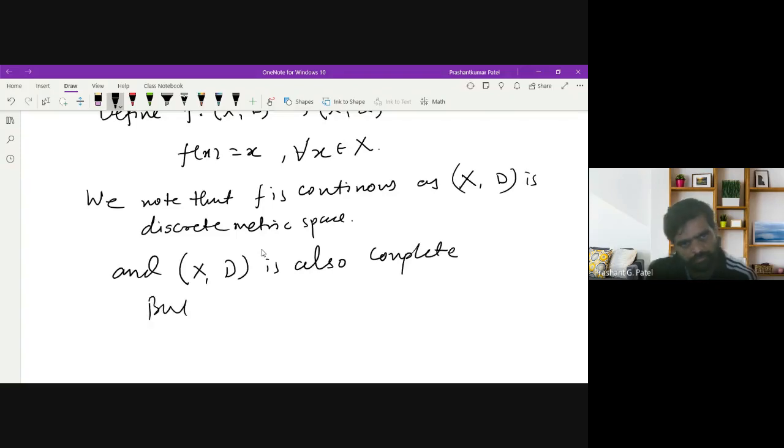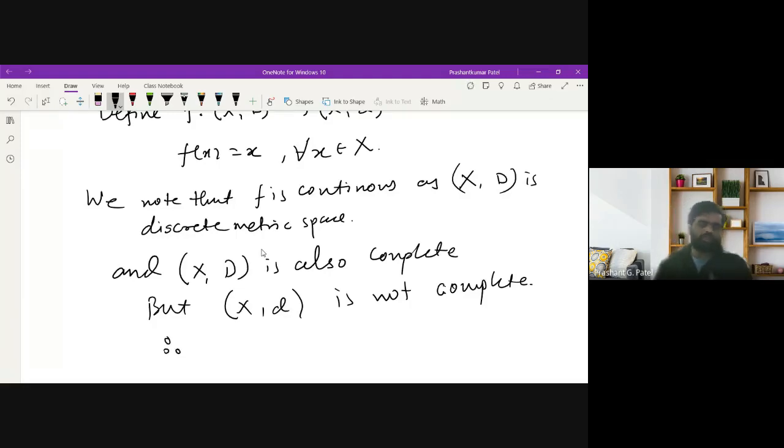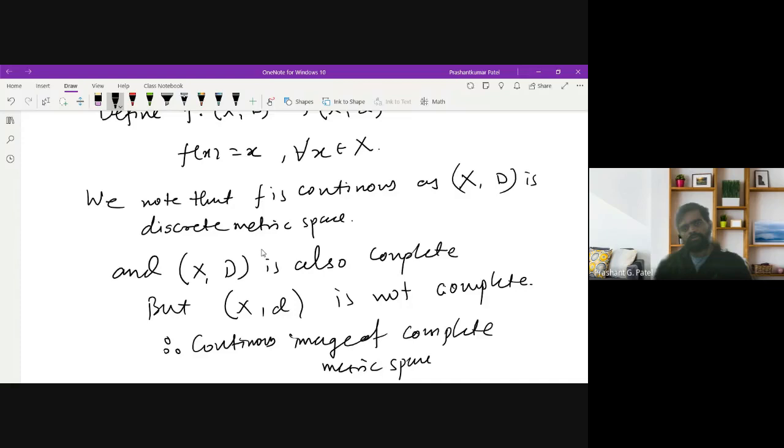But (X, small d) is not complete. Therefore, we have that the continuous image of a complete metric space need not be a complete metric space.